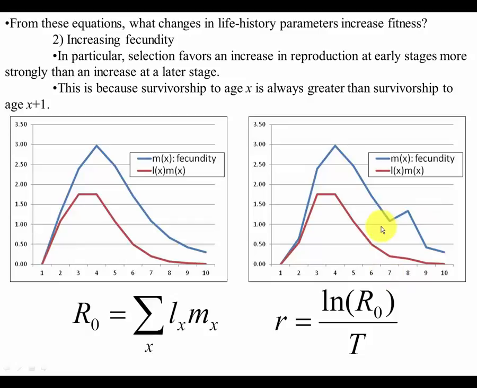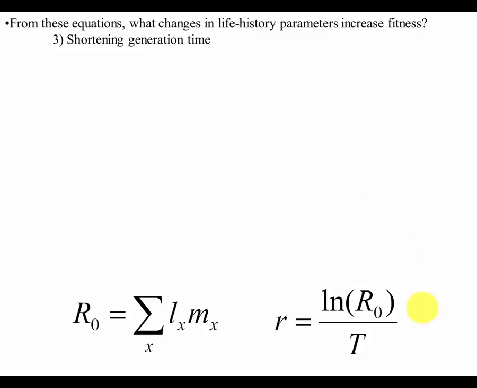So if you had these two alleles in competition with one another within a population, the allele that increases early fecundity would go to fixation, and the allele that increases late fecundity would not. There is a lot of selection pressure favoring increased survivorship and increased fecundity early in the lifespan.